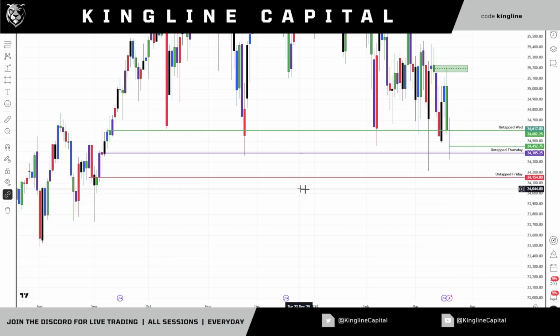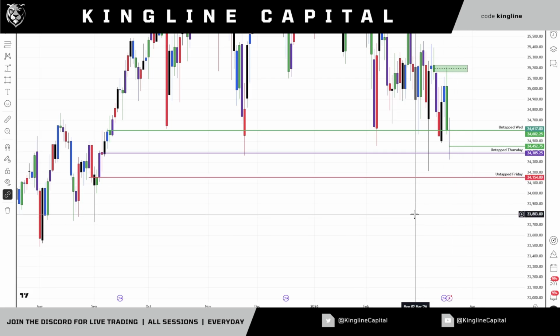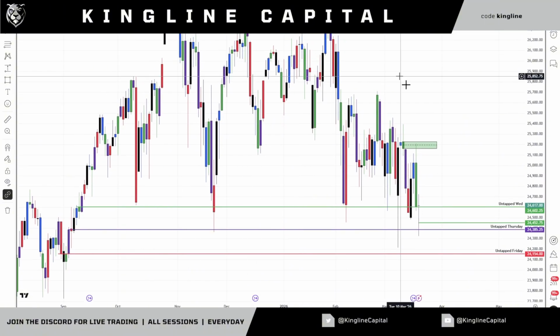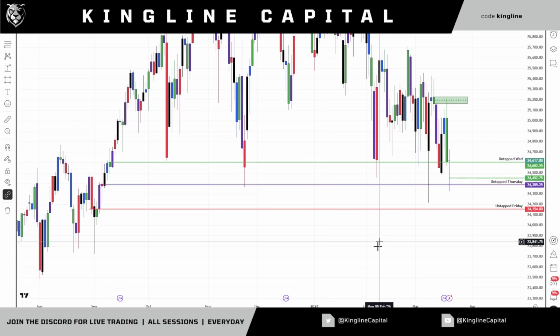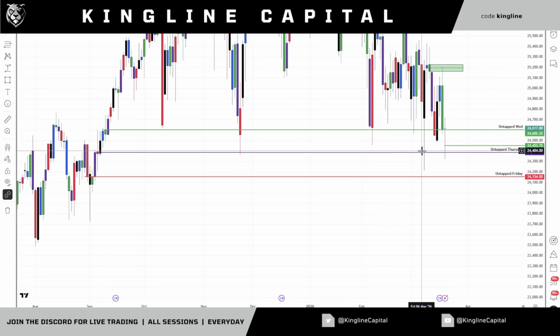So maybe this Friday could be a level that would be targeted tomorrow. It's possible. And that's how I formulate logic around these levels, right? I still have to look at overall structure and what price is doing. And I formulate ideas around these levels when I place them.